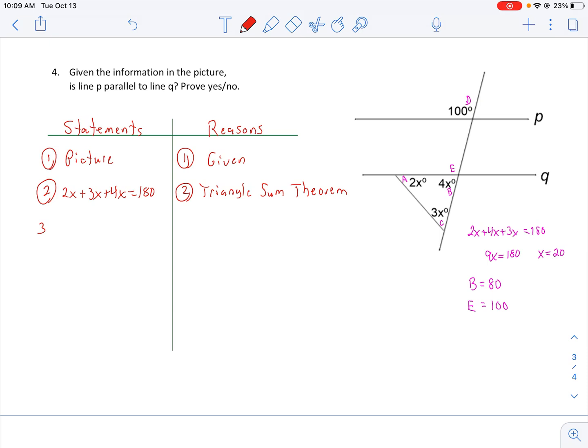And then we solved that and found x. So we get x equals 20. And we can just say algebraic properties for that. Then we found, again, just going through our steps over here, B to be 80, and that was substitution.